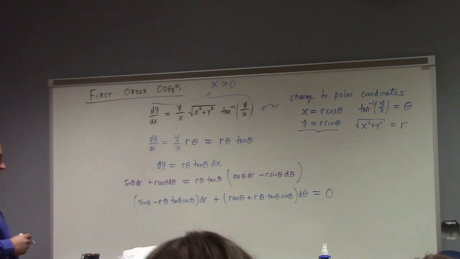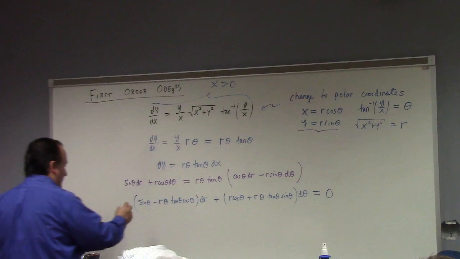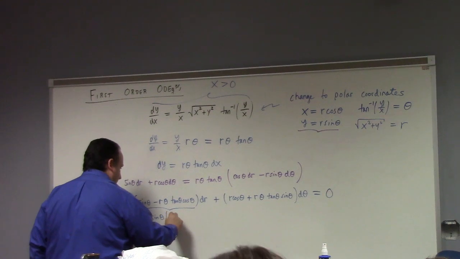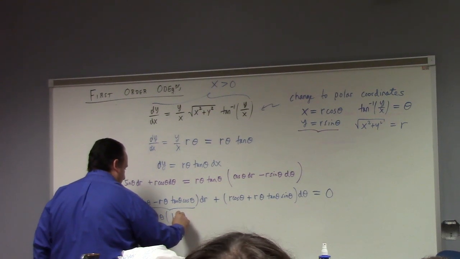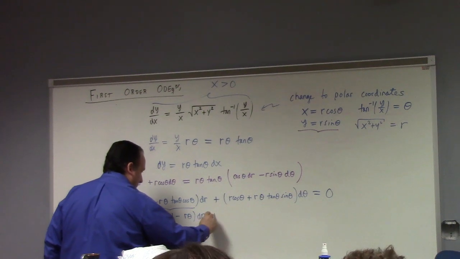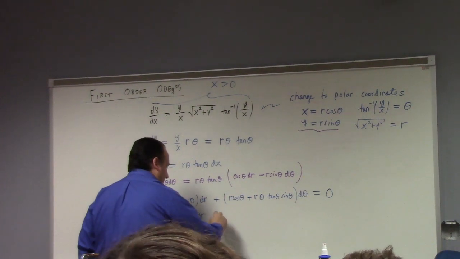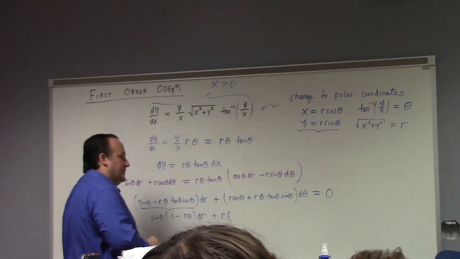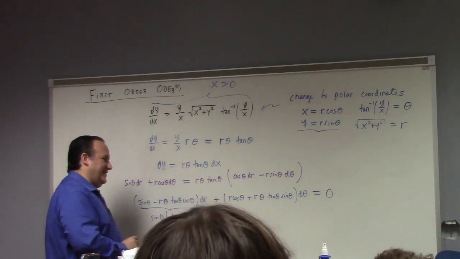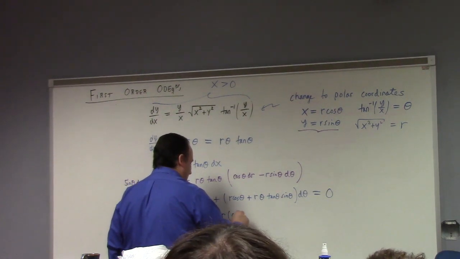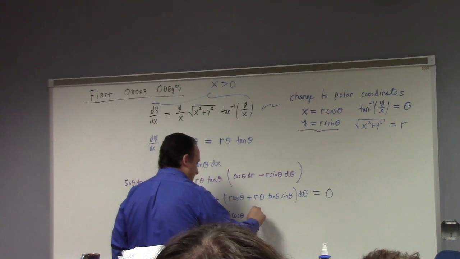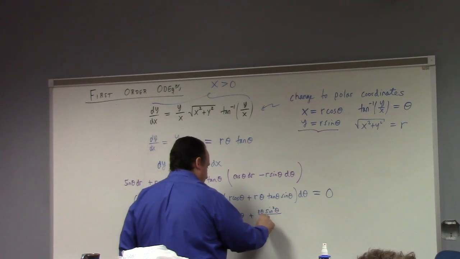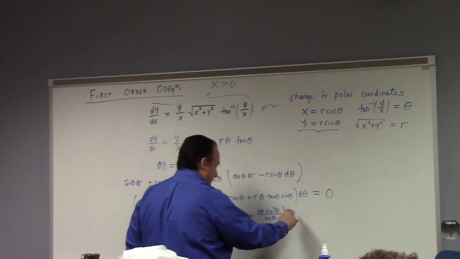Tangent theta times cosine theta is sine theta. So we can simplify this first term to sine theta times 1 minus r theta dr. Plus, well, we can factor an r out there, r, and sorry, I'm still an idiot, it's a cosine theta. It's not looking good for us, guys. Plus r theta sine squared theta over cosine theta d theta equal to 0.